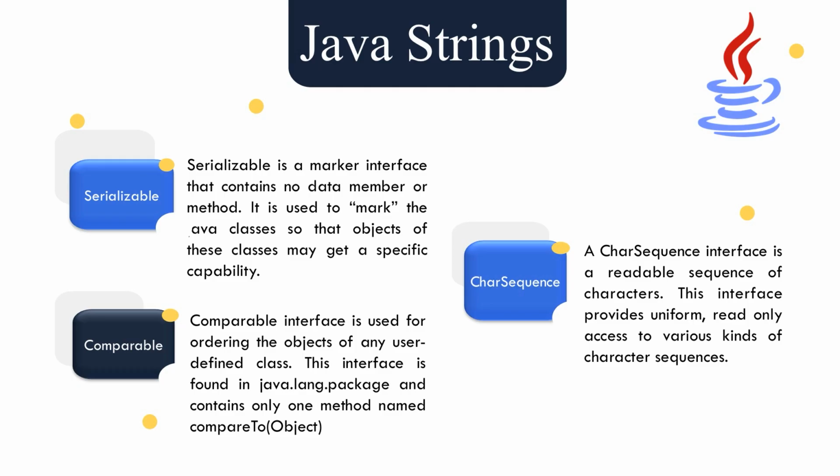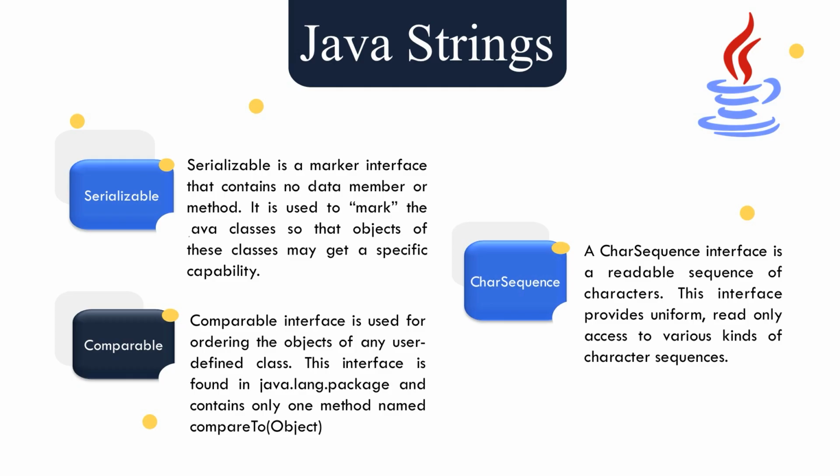There is a concept called serialization and deserialization: saving the state of an object and recovering the state of an object from a file. Now Comparable is basically that if you have a string and you want to order the data in the string, you want to sort and compare, you have some methods available with the help of which we can very easily do that.